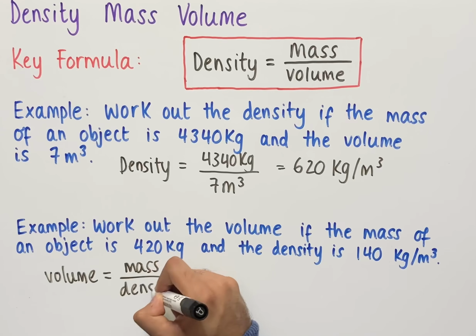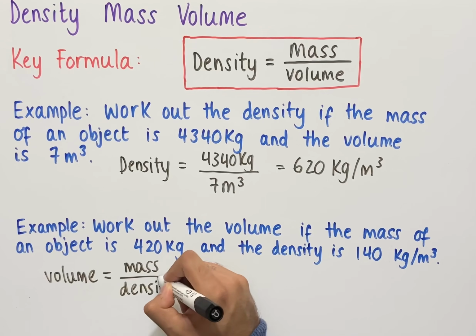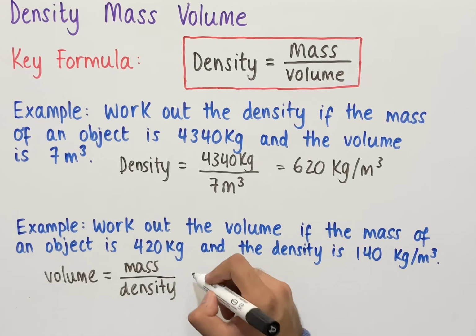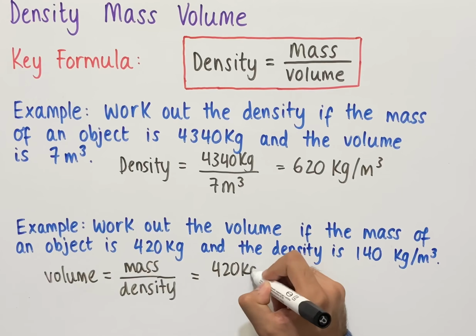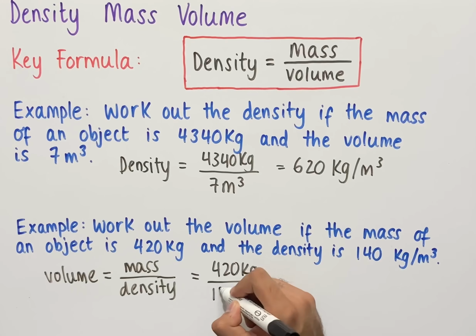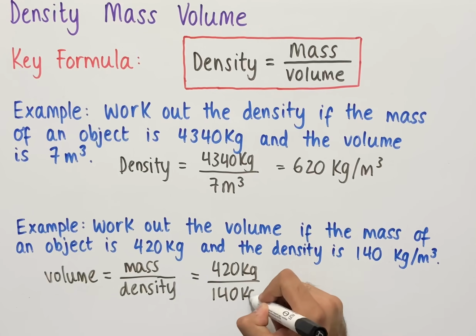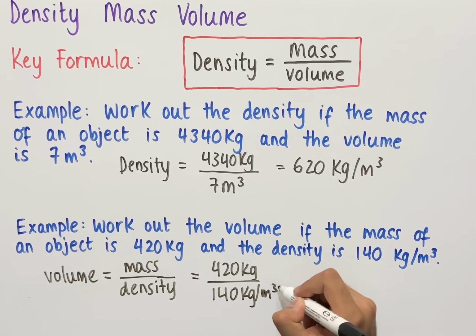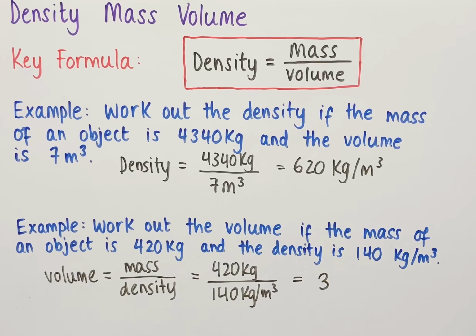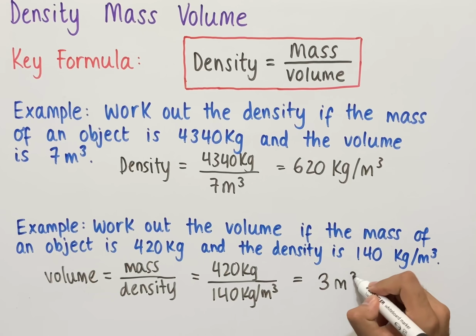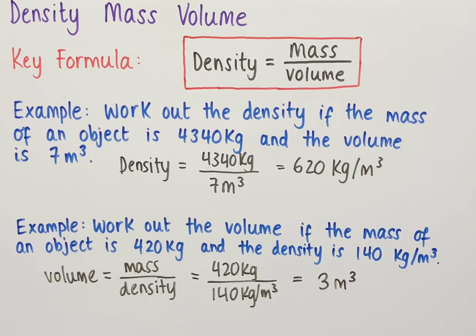And so in this question, we're told that the mass of the object is equal to 420 kilograms, and the density of the object is equal to 140 kilograms per meters cubed. And so if we work this out, we get 3, and for our units, the kilograms cancel, and so we're left with meters cubed. So the volume of the object is 3 meters cubed.